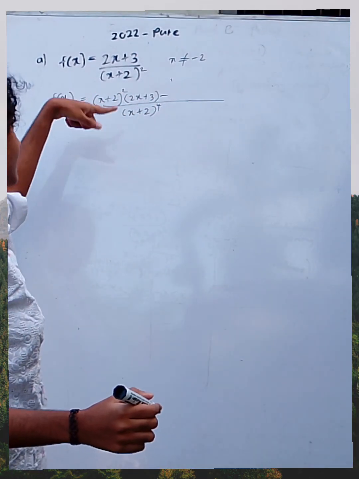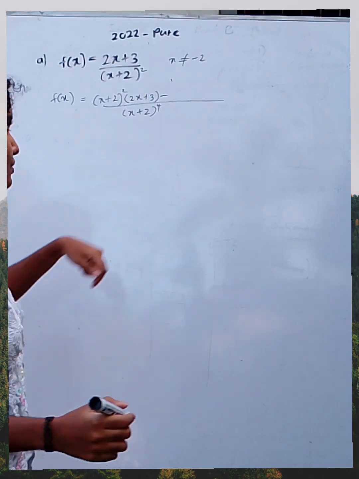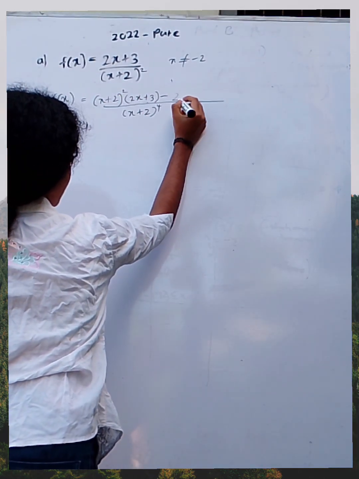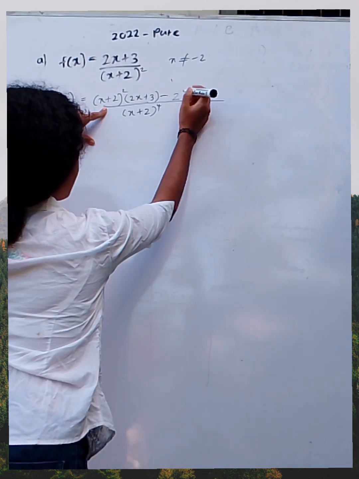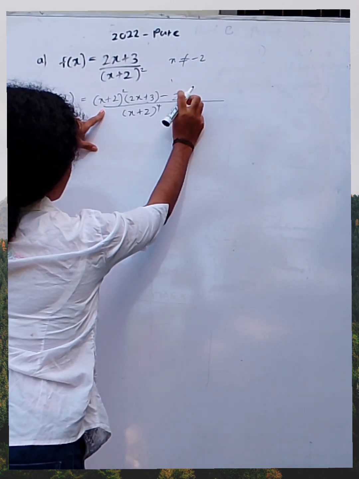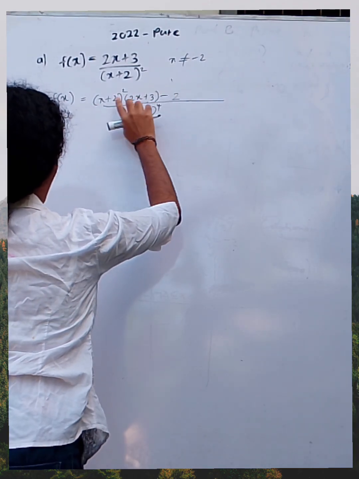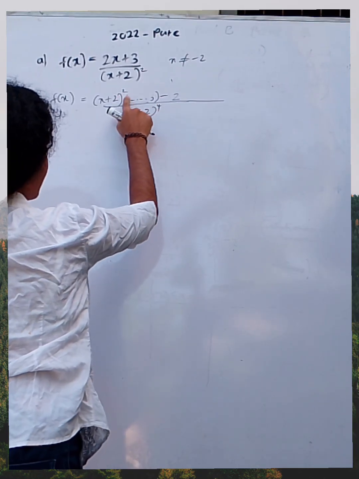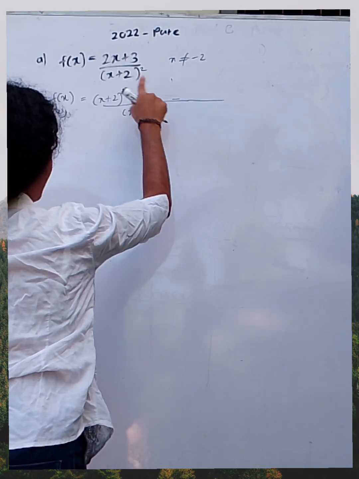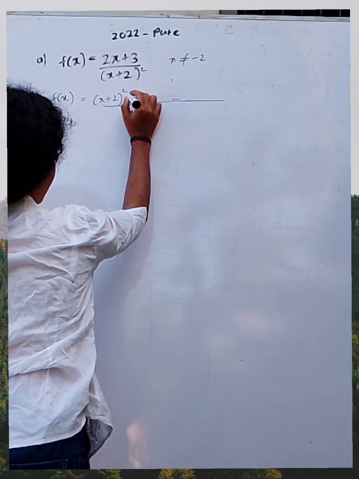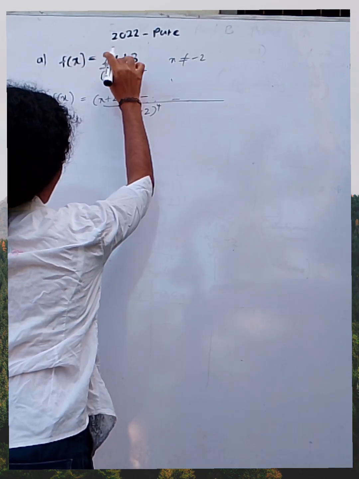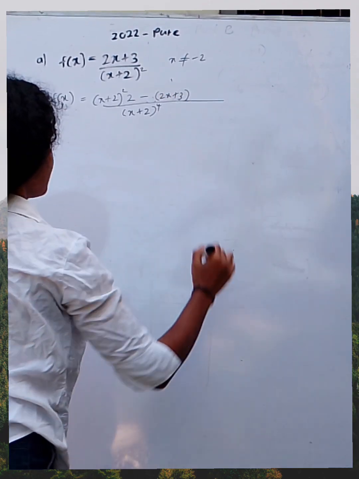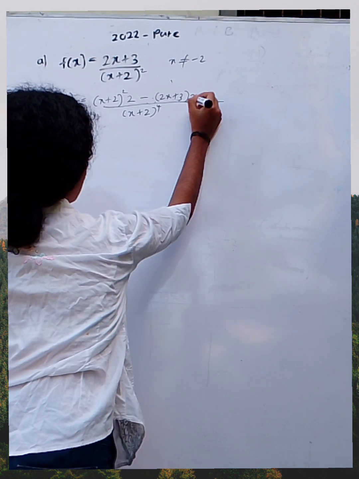Once you differentiate this, it's just 2. First you should bring that expression with the power 2 and replace this function after differentiating it. That is 2, minus, and keep this function as it is, 2x plus 3, and then differentiate this particular part, that is 2x plus 2.